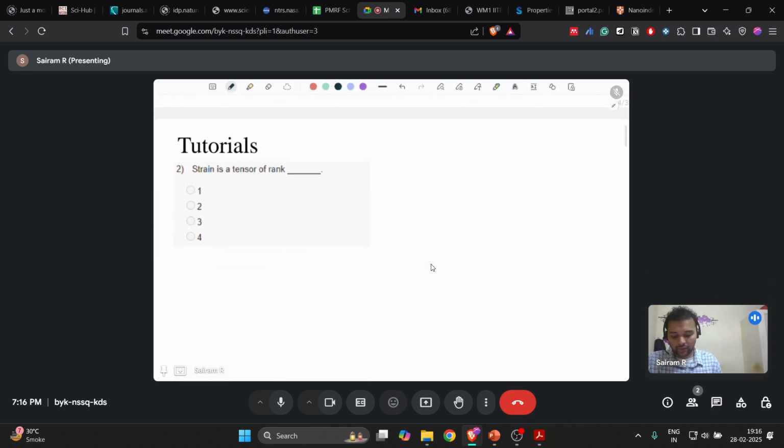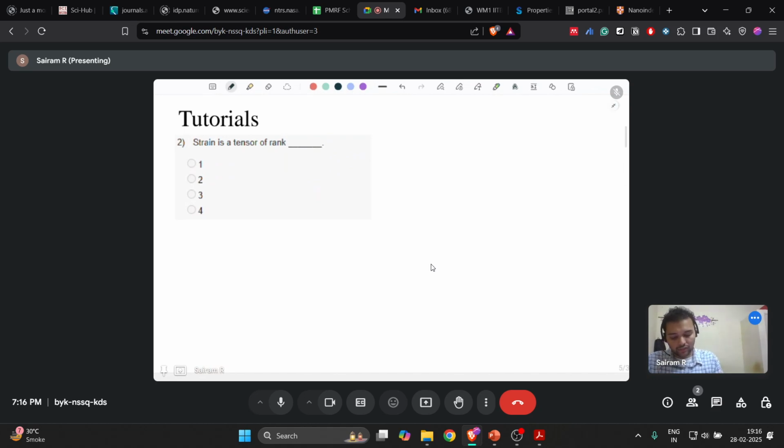Strain is a tensor of rank n. We have seen from the generalized form of Hooke's law, where sigma ij equals E into epsilon, or small e, whatever you want to call it, kl. But this E is ijkl.